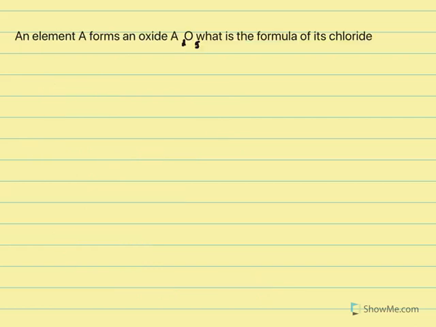An element forms an oxide A2O5. So we have A2O5, which means A must be having the valency 5, crisscross, and O, we know, valency is 2. We have to write its chloride. That means we know A is 5, and chloride is 1.